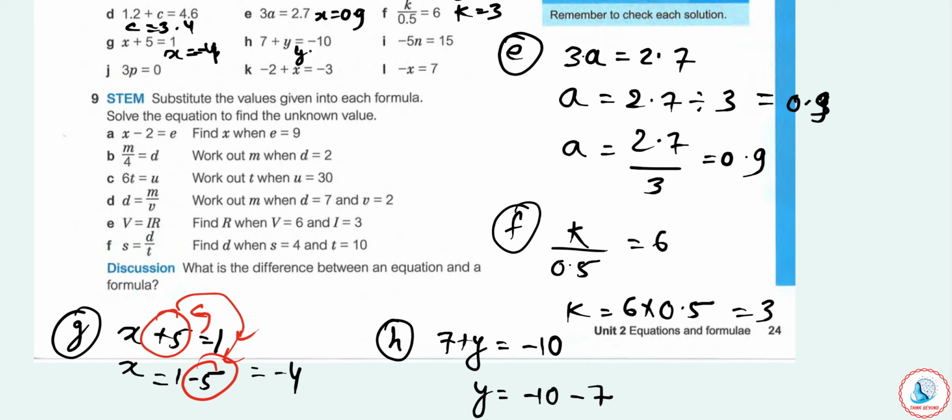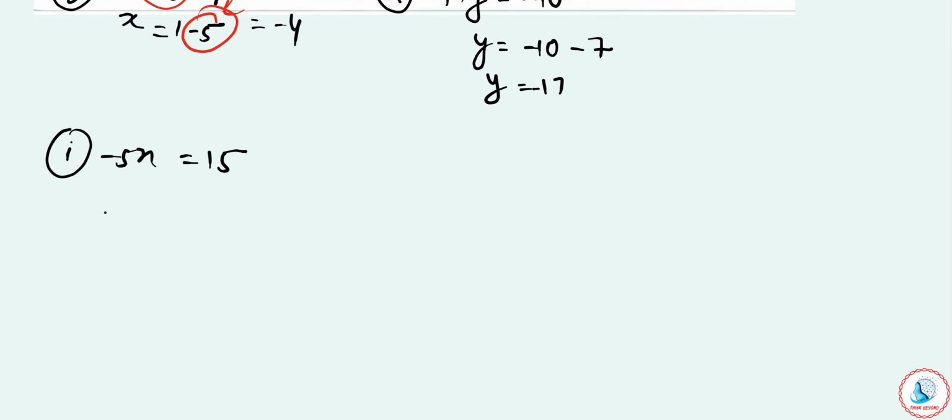Now question number I. Minus 5n is equals to 15. Now solve it. Minus 5 is in multiplication with n, right? So for n, minus 5 will be in division.